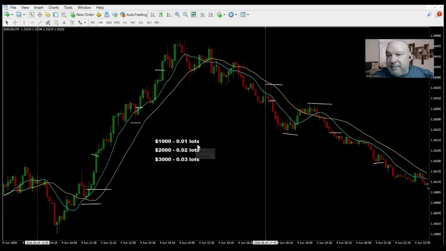You can use way higher lot sizes, but only if you know what you're doing, right? Because with a lot of beginners it's a different story. When the price goes against you, you move your stop loss and you end up losing everything. And that's not the idea.